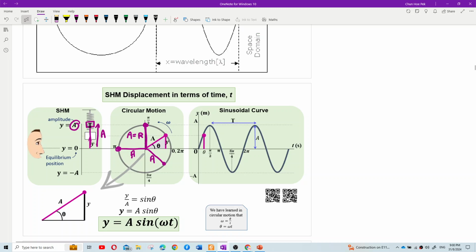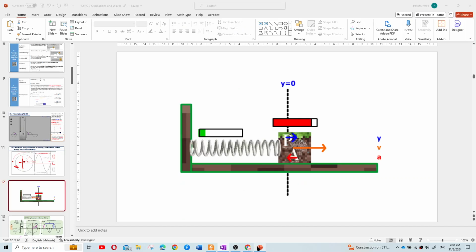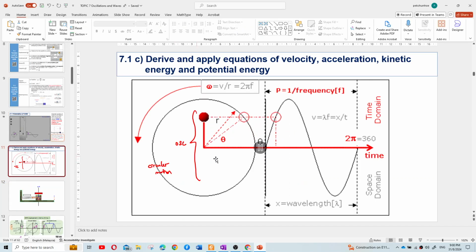It's like this object is at the highest position. Look back at the animation here. See that? Stop. See that? When the circular motion is at the highest position, that radius is the amplitude, right? Start.